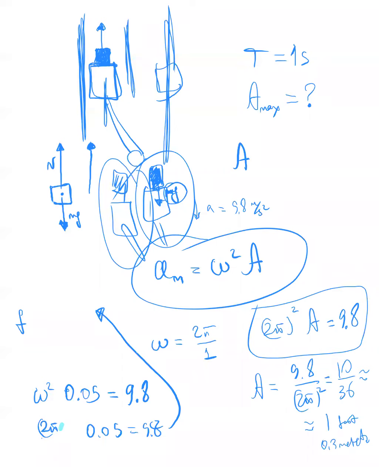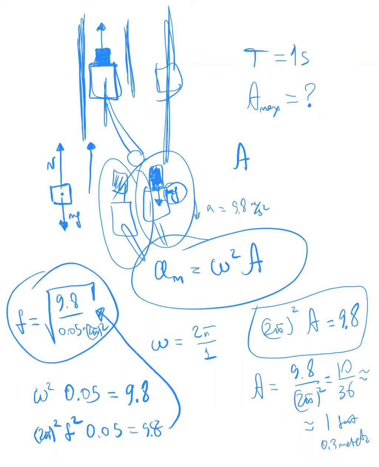Omega isn't 2 pi over frequency, it's 2 pi over period, which is 2 pi times frequency. So here you will have (2 pi) squared times frequency squared. And this will give you a condition for frequency: the frequency has to be at most the square root of 9.8 divided by 0.05 times (2 pi) squared. If you have more frequency than this, then the block will separate.